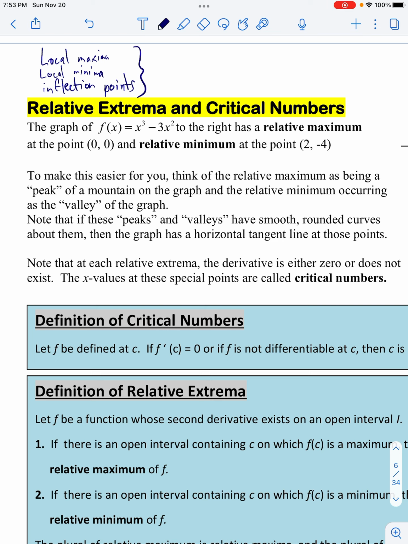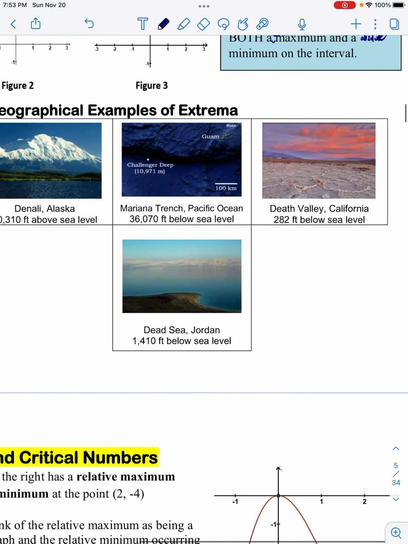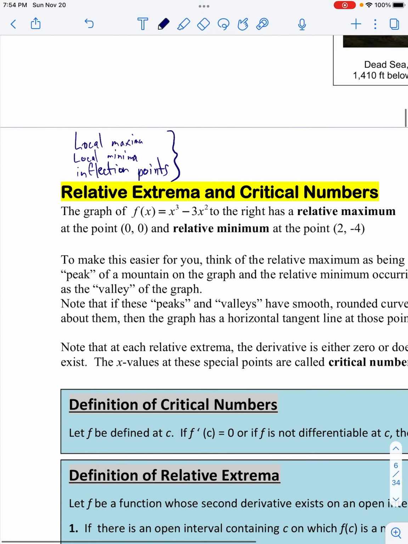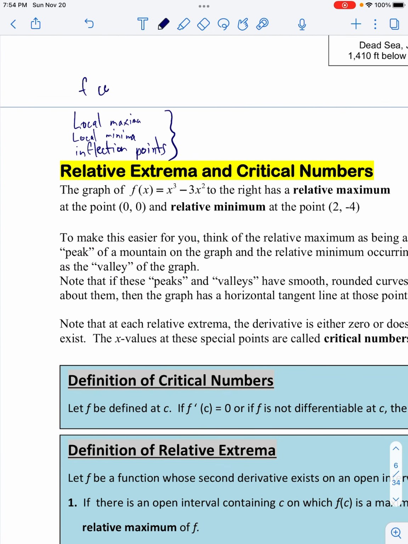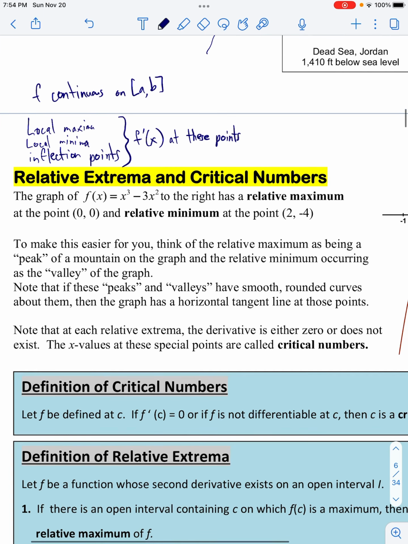You can find what's going to be true, okay? So if you have a function f that's continuous on a closed interval, then all of its local maxima, all of its local minima, and all of its inflection points on that interval will have the property that f prime of x at these points equals 0, or is undefined.